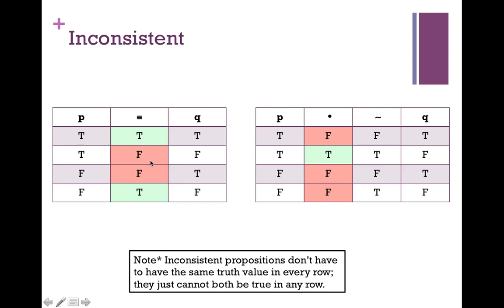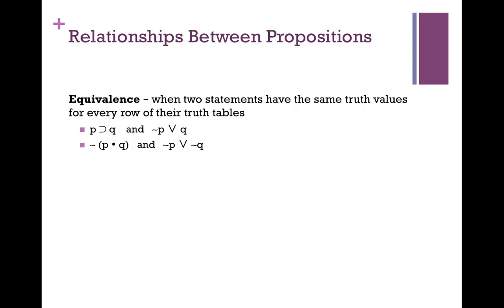If, for instance, and this is kind of interesting, all of these were false and all of these were false, these would still be inconsistent, because of how inconsistency is defined: not true in any of the same rows. Even if both propositions were entirely false, they would still be inconsistent according to this definition of inconsistency. So that is consistent and inconsistent.